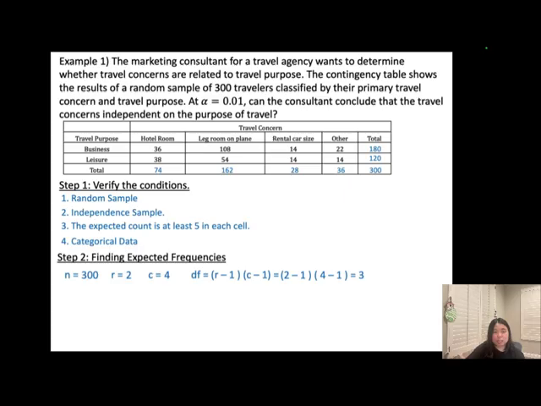Now, I'm going to find the expected frequency one by one. First, that will be the hotel room in business. So that will be 180 times 74 divided by 300. Okay, row total times column total divided by grand total. Second one, the 1, 2 here, that will be 180 times 162 divided by 300. Okay, I want you to find all of them.